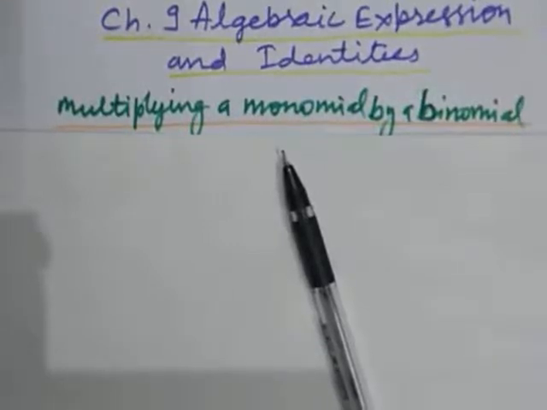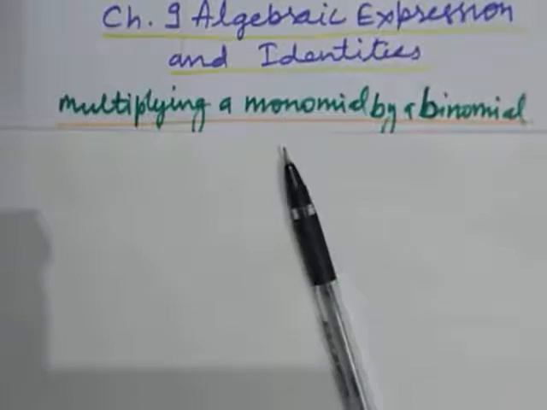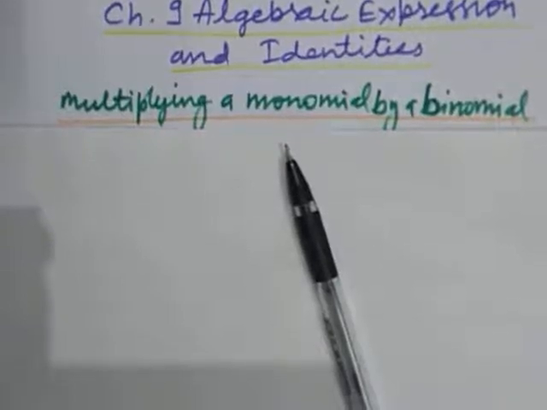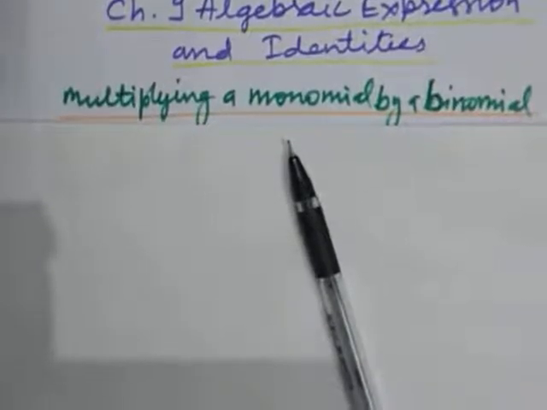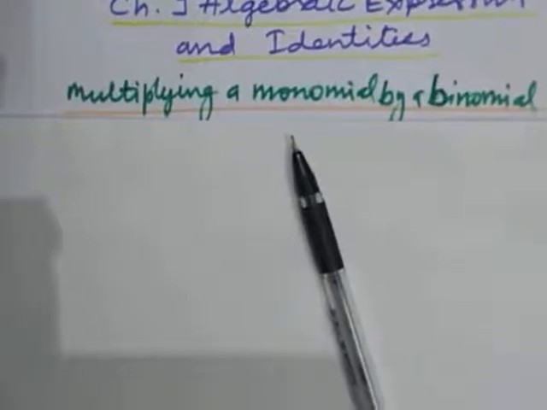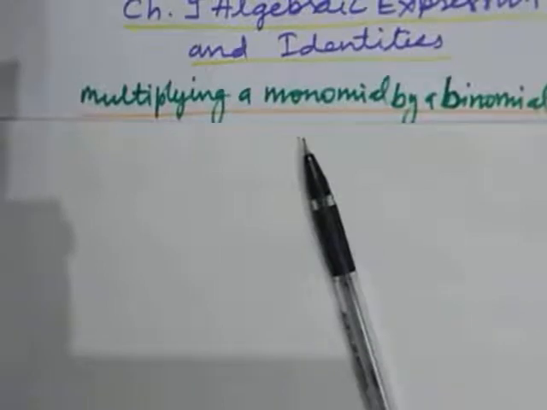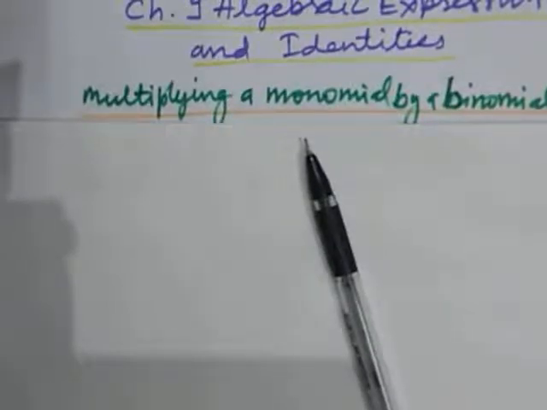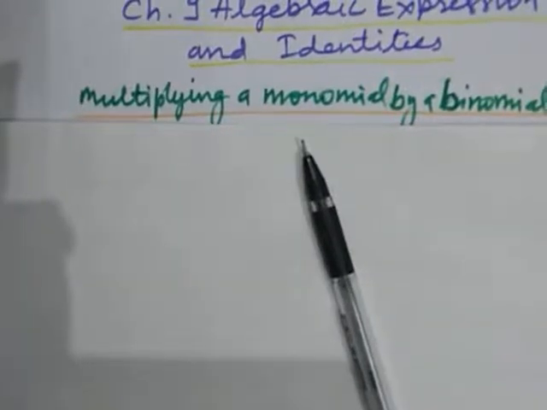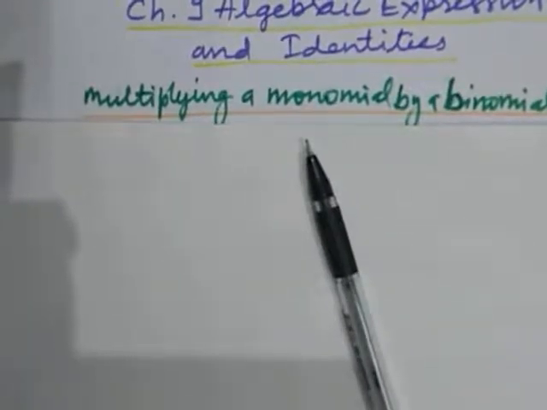Today we are continuing chapter 9, Algebraic Expressions and Identities. Today we are learning multiplying a monomial by a binomial and then multiplying a monomial by a trinomial, that is a polynomial, okay?